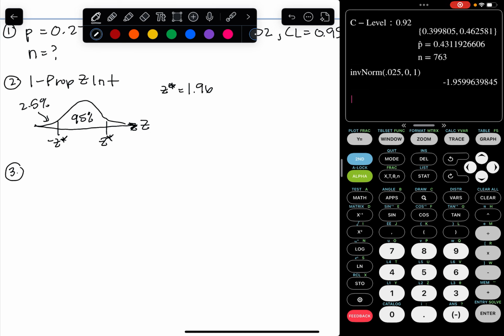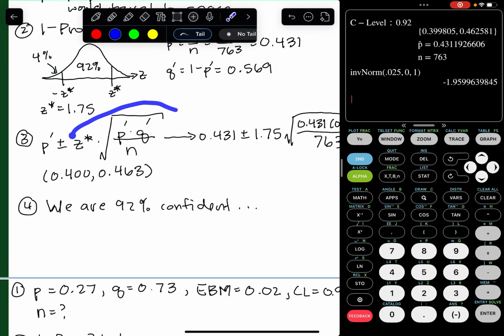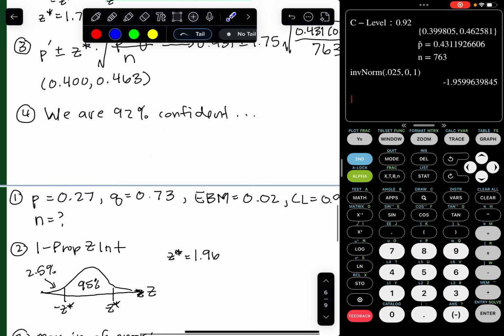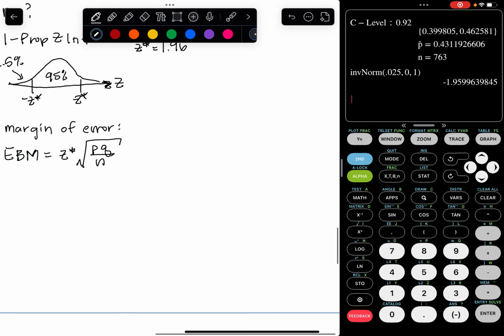For 3, I know my margin of error is the second part of the confidence interval formula. So my error bound measure, EBM, for that confidence interval we did up here is just this chunk, the thing after the plus or minus. So z star square root PQ over n. And I want to solve that for n.